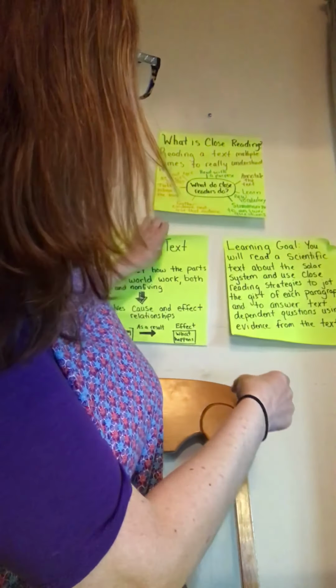So I'm going to read for you the passage. I'm going to read it aloud using my computer here about the solar system. And then your first step is you are going to jot the gist of each paragraph. All right? So remember, the gist is the biggest point, right, of that paragraph.